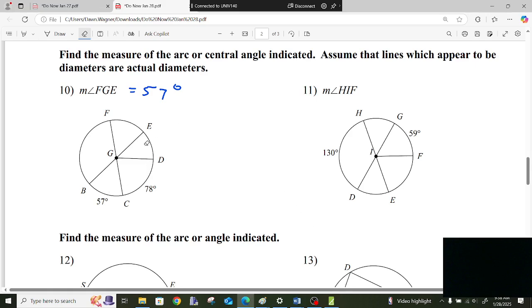Okay, so I could find ED is what you're saying? Okay, so because this is a diameter, I know that this side has to be 180. So I could do 57 plus 78, and then I could subtract that from 180. So this piece here is 45 degrees, right?